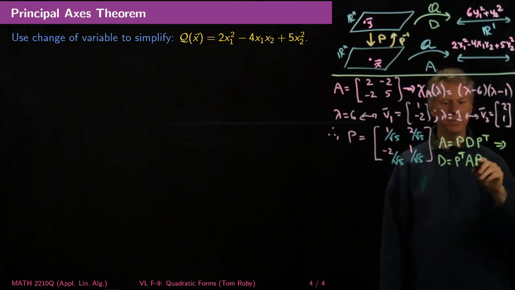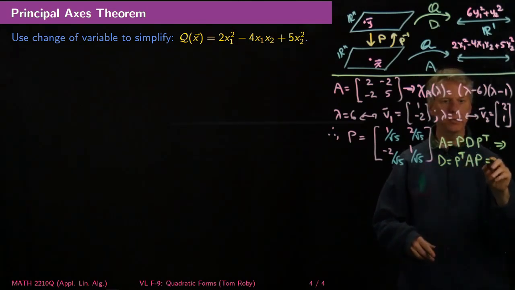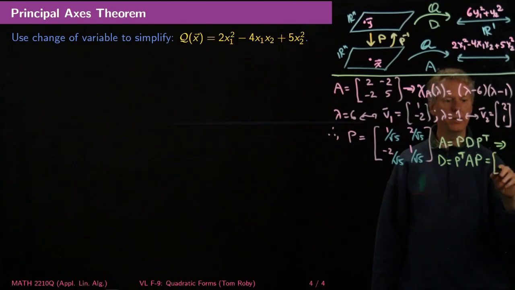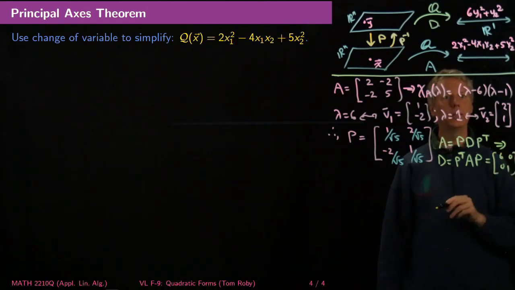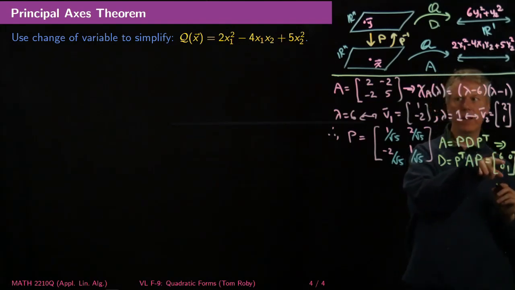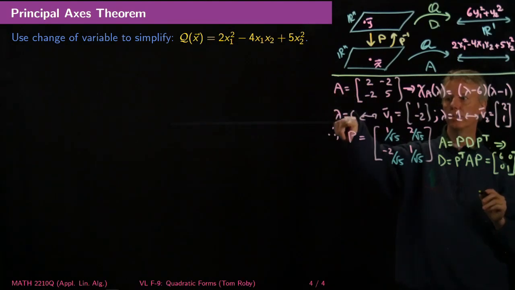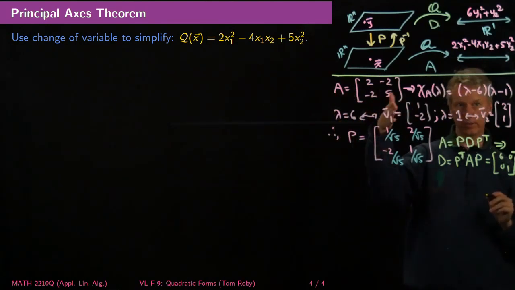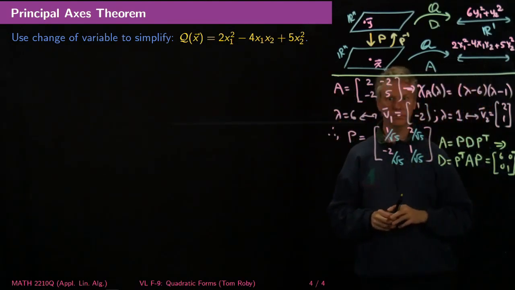And what is this matrix D? We know what that is, because it's the matrix of eigenvalues. So this is just going to be 6, 0, 0, 1. The only thing you have to be careful about is to write these eigenvalues in the same order that they correspond to those eigenvectors.